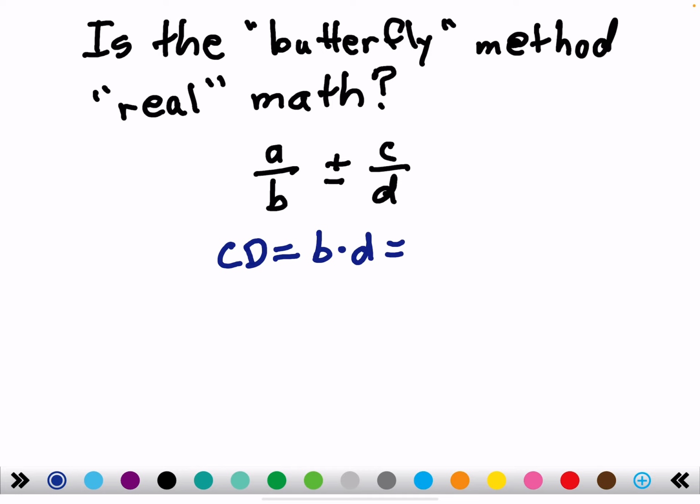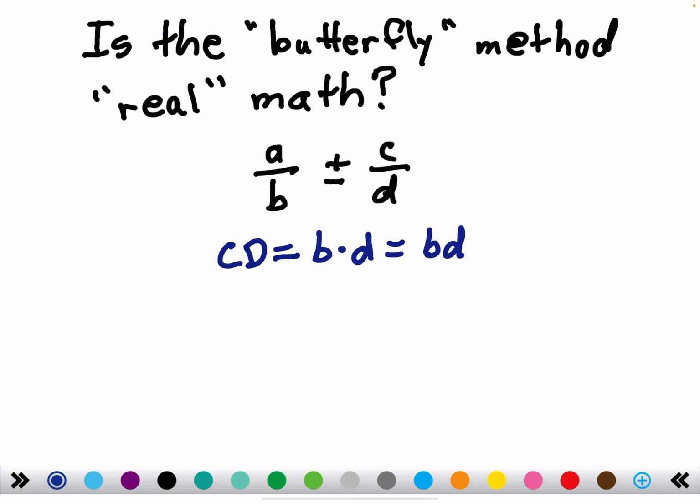This will work to get you a common denominator, and here it's just BD. It works very well when the variables are different. There are other things to consider if you have repeated variables with different exponential powers and other denominators and things like that, but that's for another video.